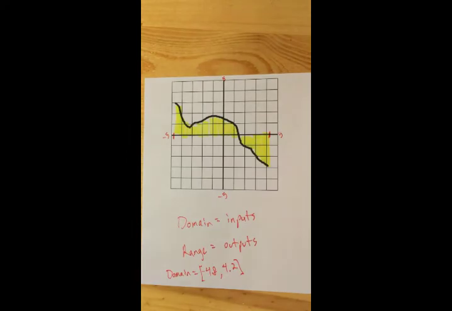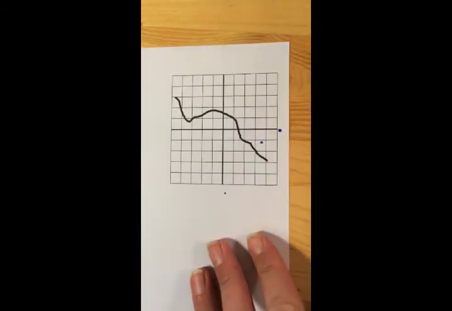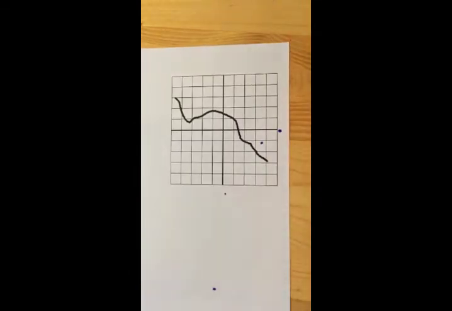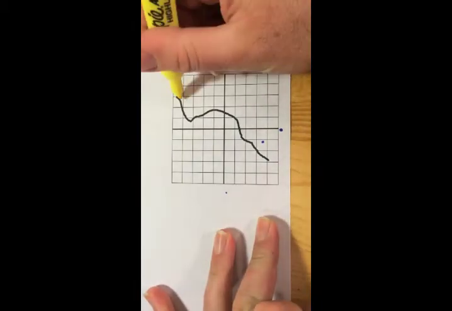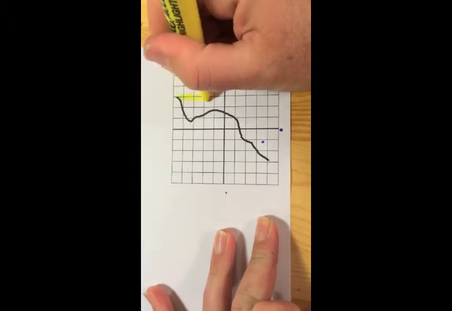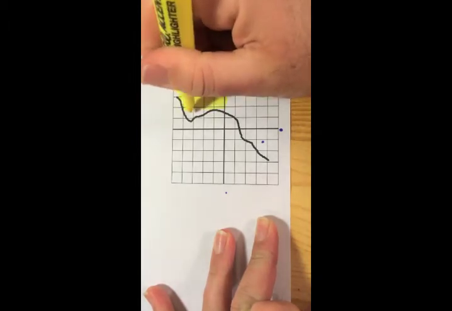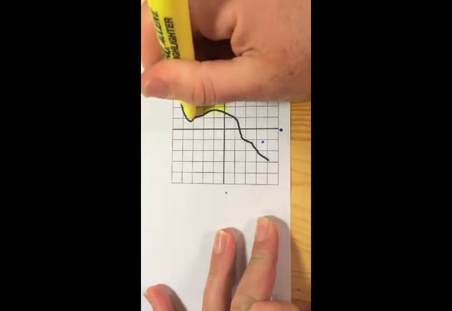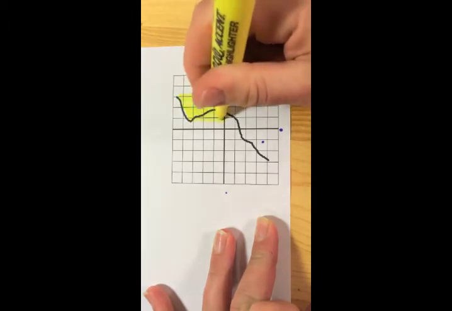So let's take a look at the range. Here's a copy of the same function. Remember, the range is the outputs, right? So all I have to do in this case is look at the y values that are taken on. So if I trace this over to the y-axis, notice I have to go all the way down there.